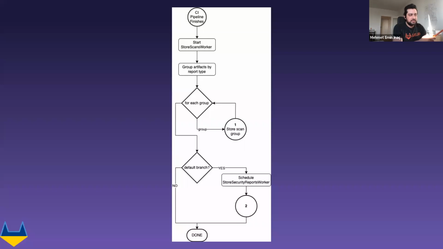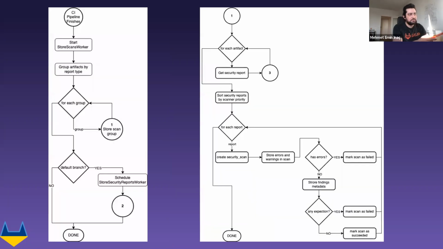I will just tell you how to read these. You'll see, for example, there are some sub-procedures. In the middle of the flow, there's a store scan group with a circle, and there is the second sub-procedure, and those procedures are described in a different flowchart. So for example, like this.